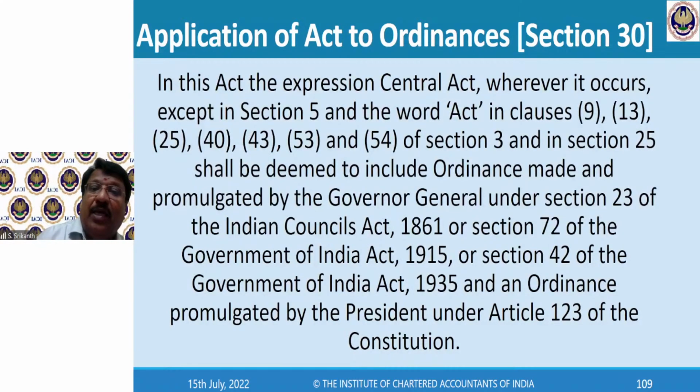So see how many acts are there. Governor General under the Indian Councils Act, Government of India Act 1915, Government of India Act 1935. So many laws are there. So whenever there is a reference to Constitution before the Constitution, it is the respective Government of India Act. Okay.